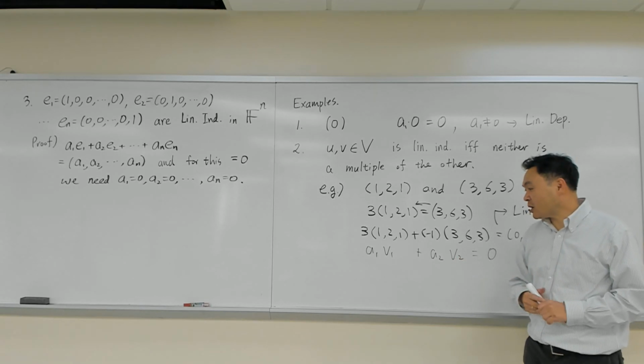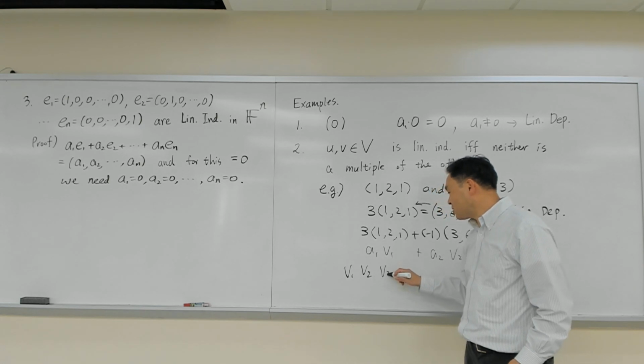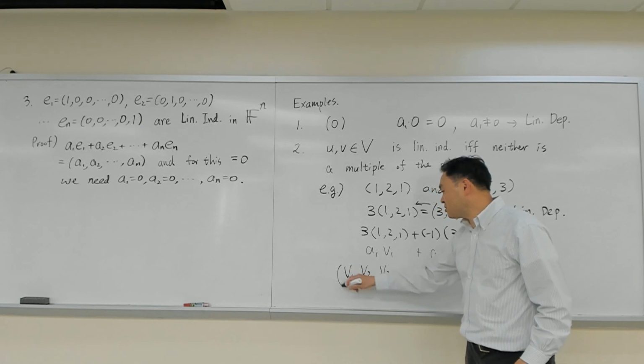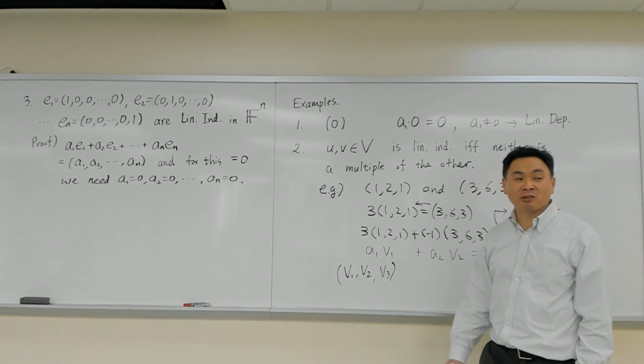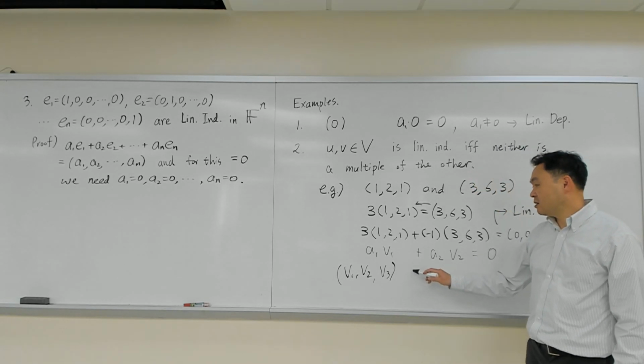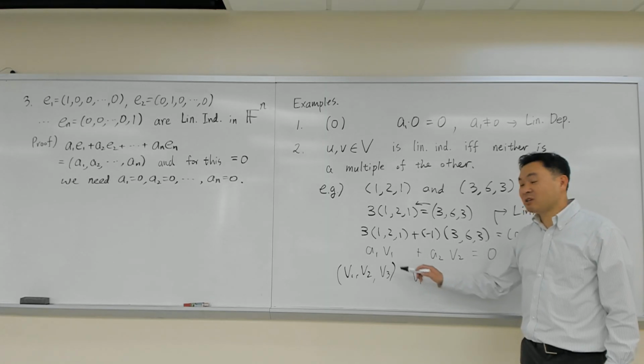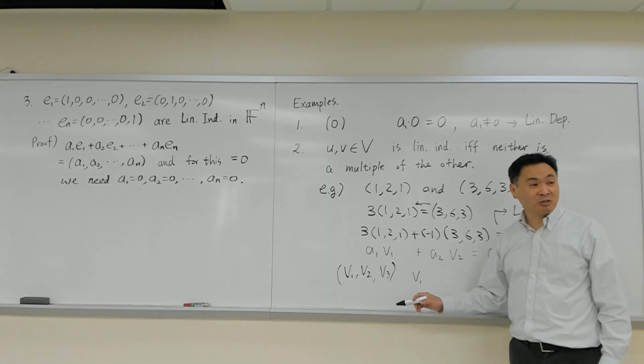So if we have three vectors, v1, v2, v3, and we say this list is linearly dependent, what does that mean? They need each other to fulfill a condition. One can be expressed as the other two.